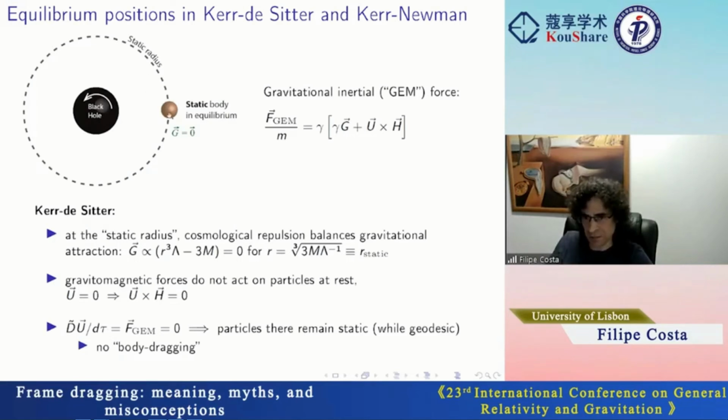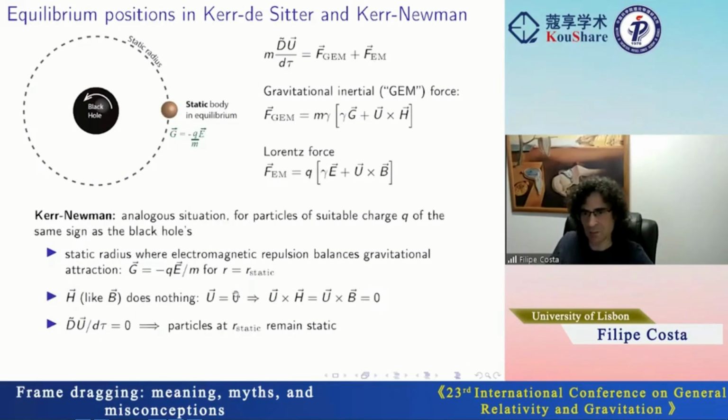So if we place a test particle there, it will remain at rest forever. No gravitomagnetic force will act on it. And more or less the same occurs in Kerr-Newman for charged particles. For suitable charges, there will be equilibrium positions where the electromagnetic repulsion exactly balances the gravitational attraction, and then the test particle just stays at rest there.